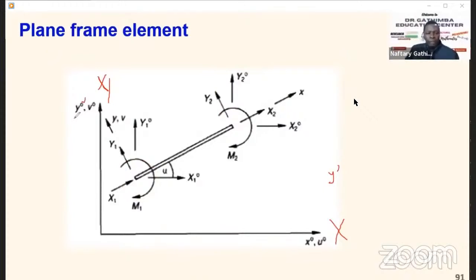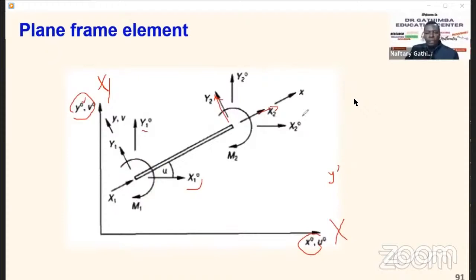So this is the global coordinate system. The other ones, which are not marked with anything, are the local coordinate system. With that, we have shown the moment, the axial displacement and the vertical component.